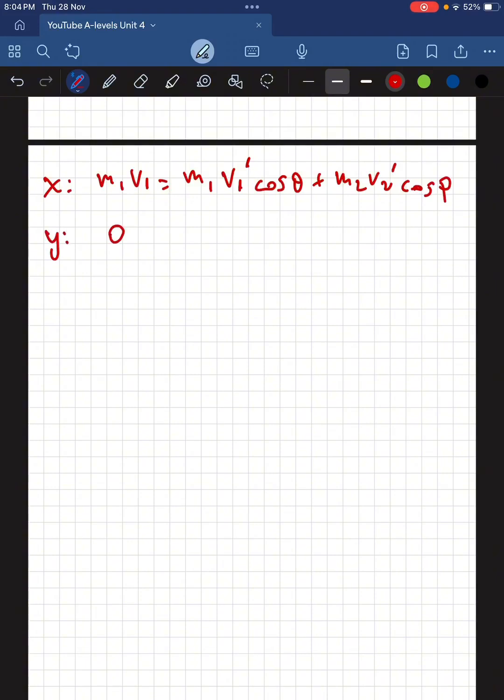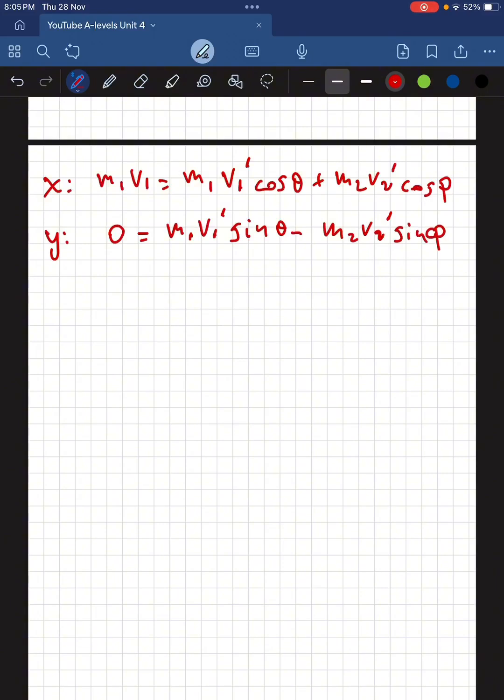And in the y direction, you have 0 before, equal to m1 v1 prime sine theta minus m2 v2 prime sine phi.